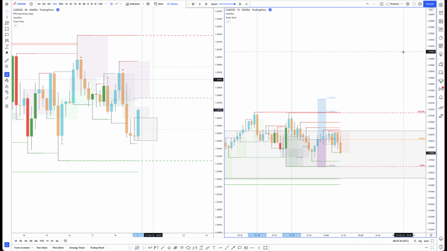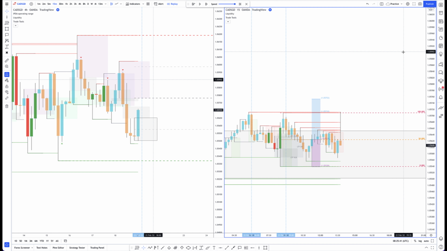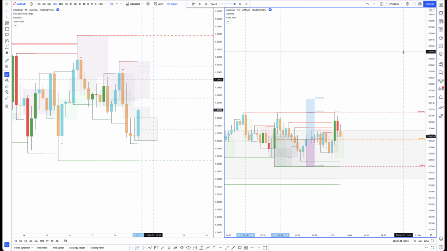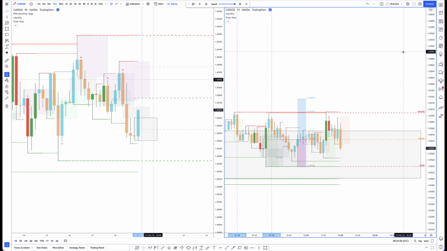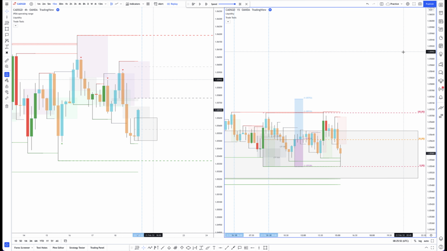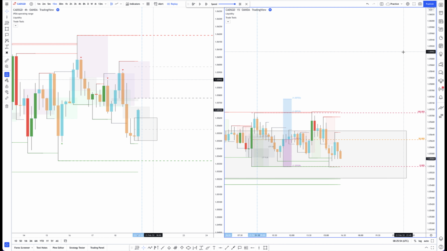Doesn't look like a winner to me anyways now. It's too much consolidation. If a trade has to work, it generally works very quickly. Yep, stopped out.